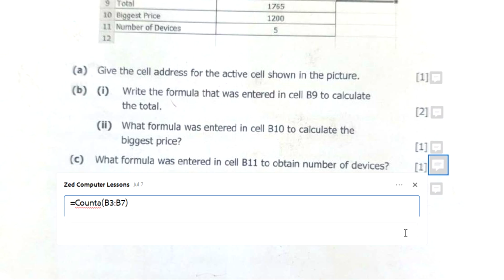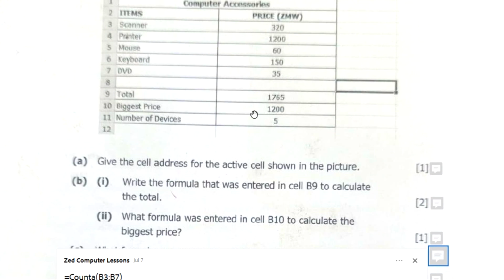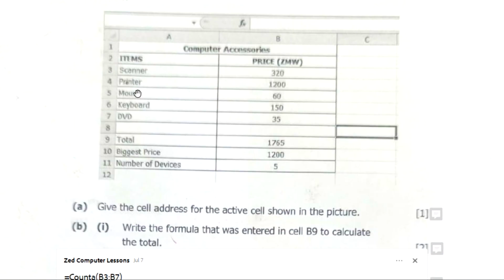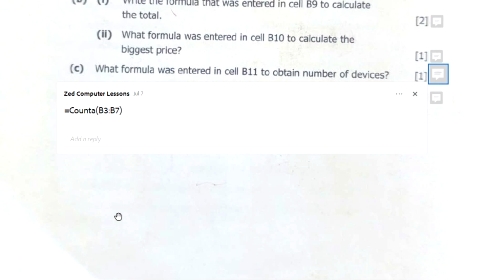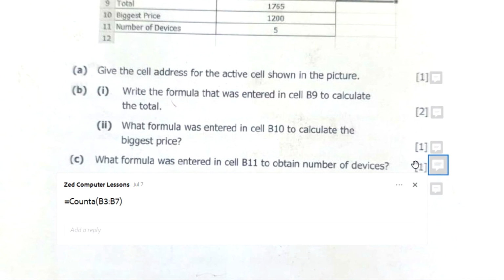What this does is that it counts the cells that are not empty. So it will count this cell because it's not empty. It will also count this cell, this cell, this cell, and will give us the result 5, as you can see. So this is the correct formula. CountA, then you add the range in brackets. So we are counting from B3 to B7, and it will give us the number of items.